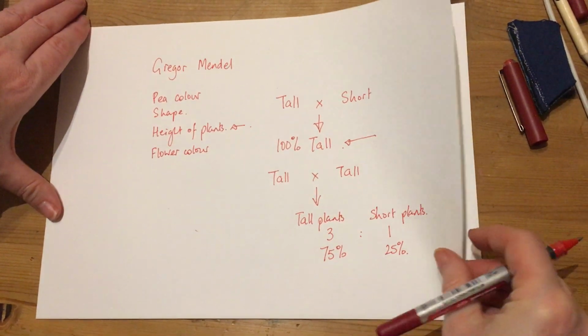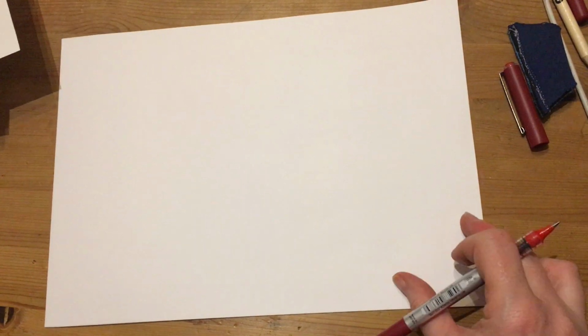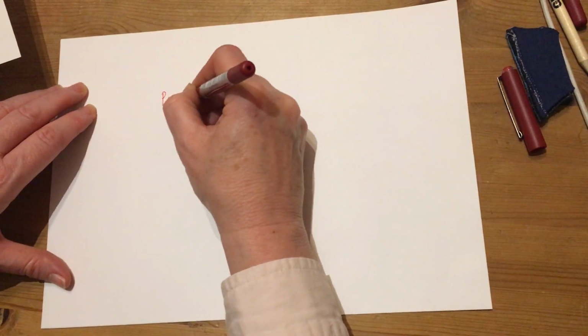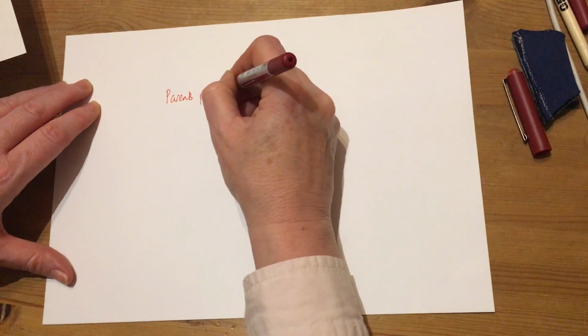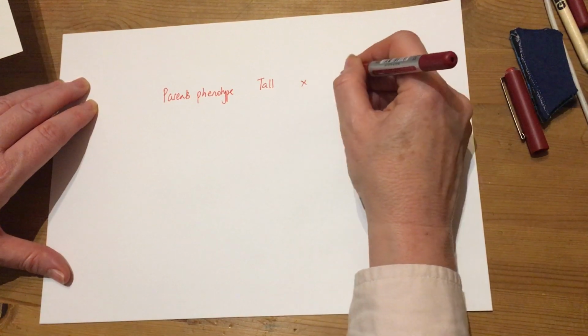Now let's have a look at what was going on inside the genotypes. So the parents' phenotype is tall, crossed with short.